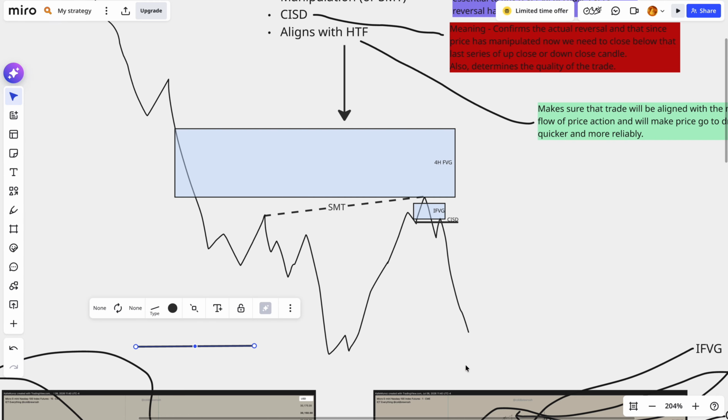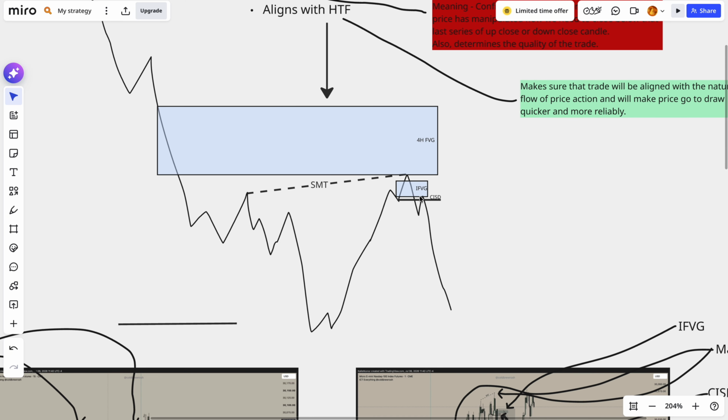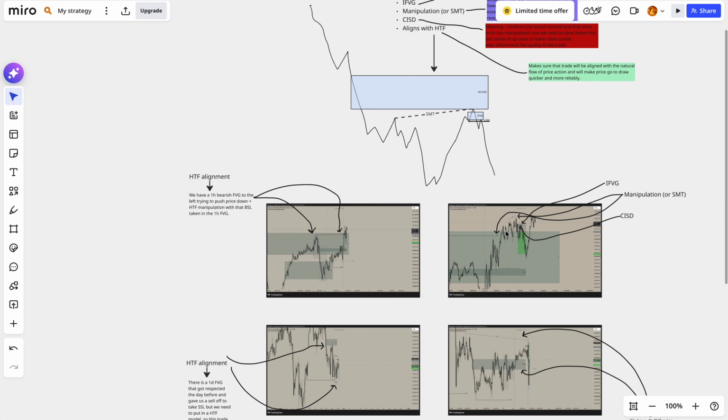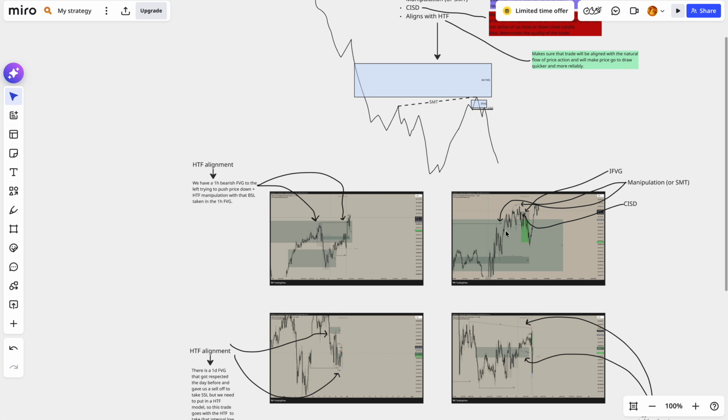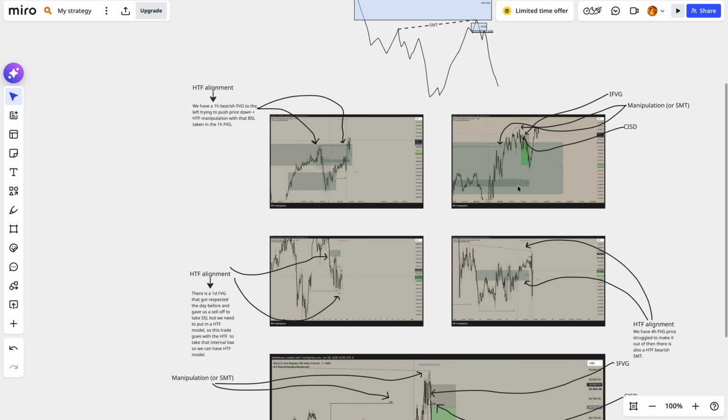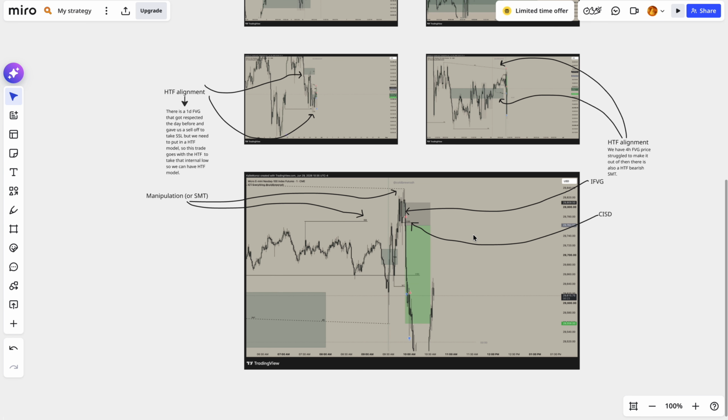If you're taking this short, it's probably not going to play out, or it's going to go just here and not very fast. So the higher time frame adds speed and efficiency, and overall you're taking trades with the natural flow of price. You're not trying to go against it.